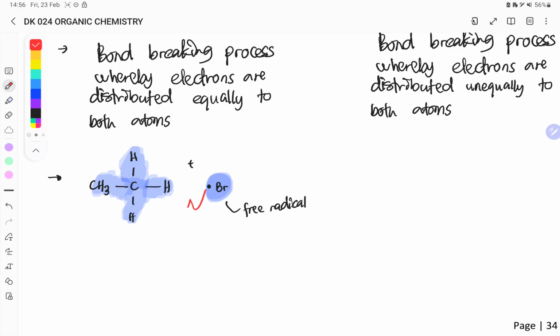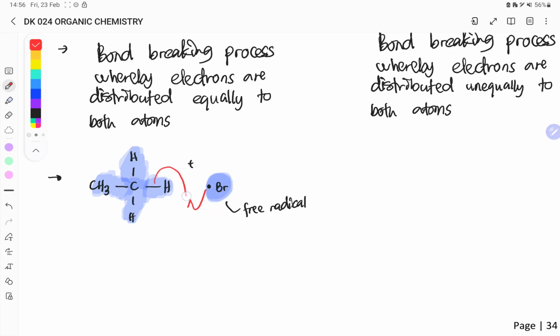So Br ada satu elektron yang tidak berpasangan, and this electron right here can be used to form another bond. So this electron boleh masuk. Okay, alright, so what happened is that it's trying to form a bond with hydrogen.